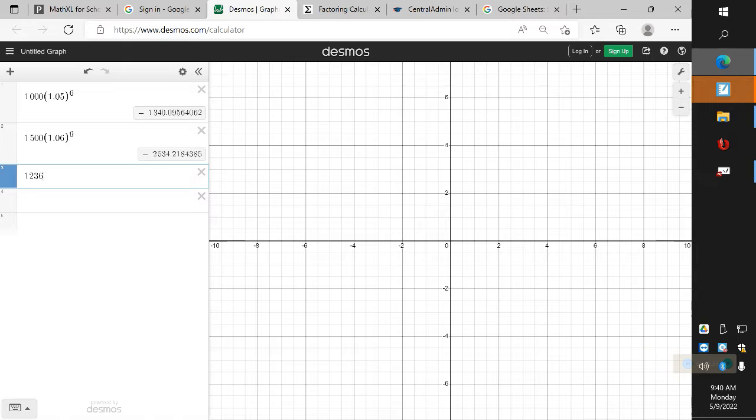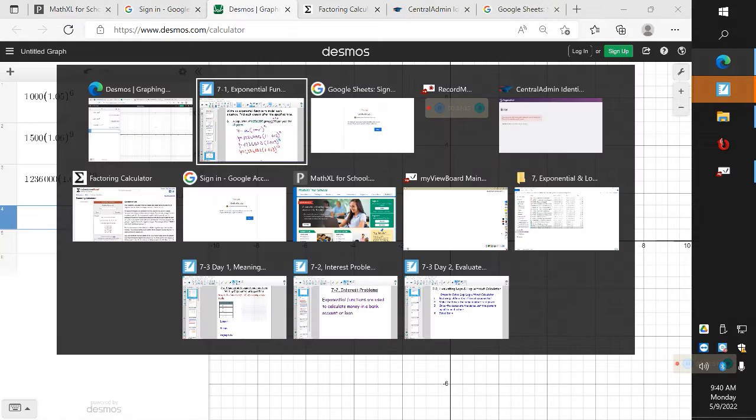So 1,236,000, 1.013, and then I'm going to raise that to the power of 10. So my population, for whatever I'm measuring, is going to be 1,406,413. That's what you're going to be utilizing.